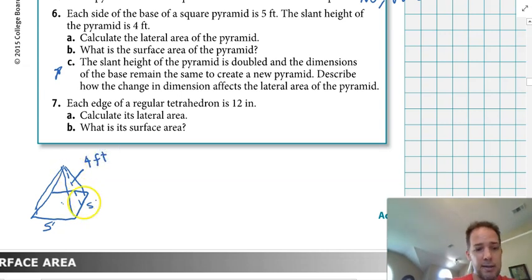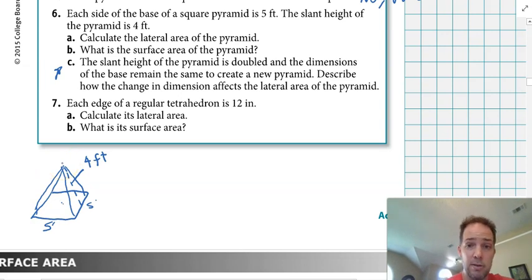The slant height is the height of the triangles, and has to go through the middle of that isosceles triangle on the side. The edge height would be one of the edges of the pyramid. So this piece here is an edge, this over here is an edge, the one that we drew from that top vertex, all of those are edges.